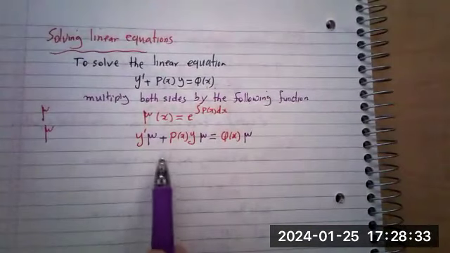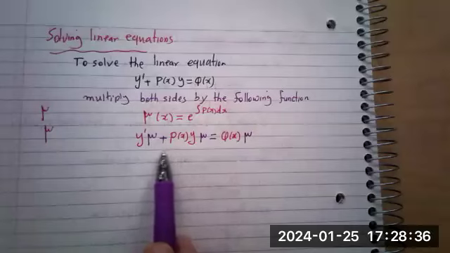Remember what I want to do: I want to make sure that this left side is the derivative of a product of two functions. Let's find out what mu prime is.